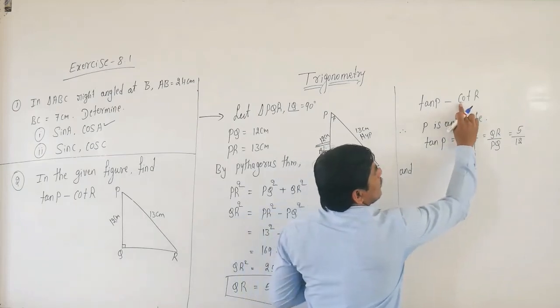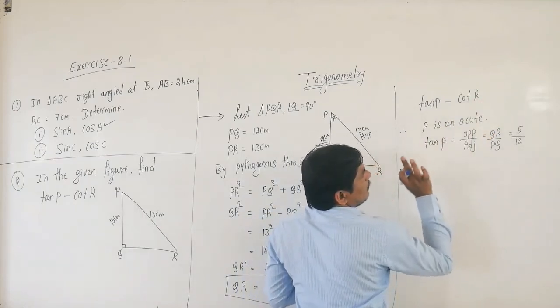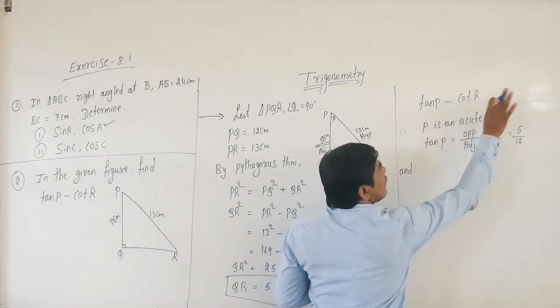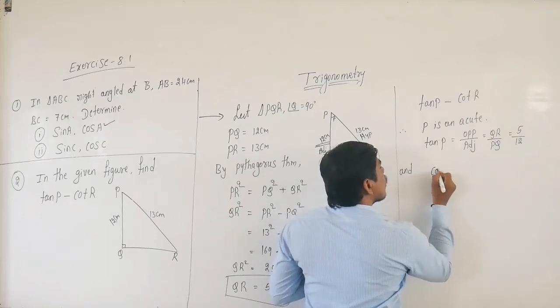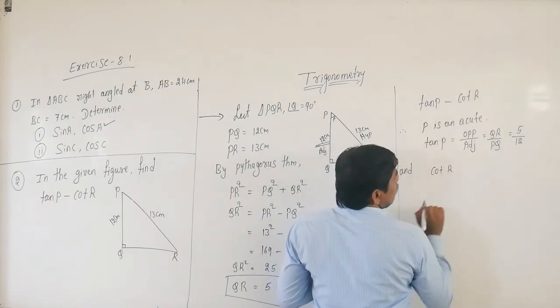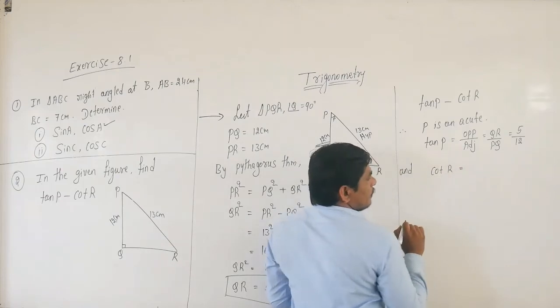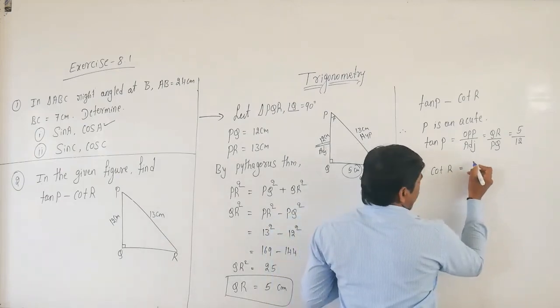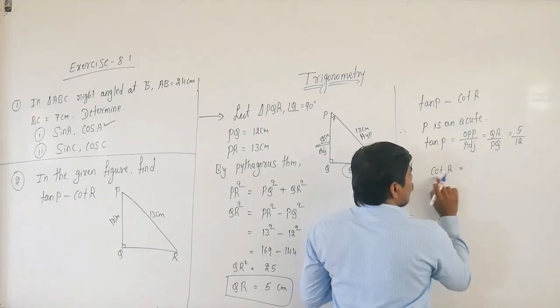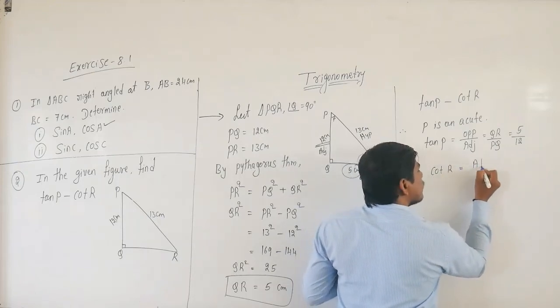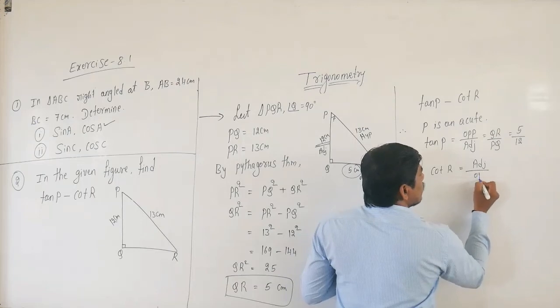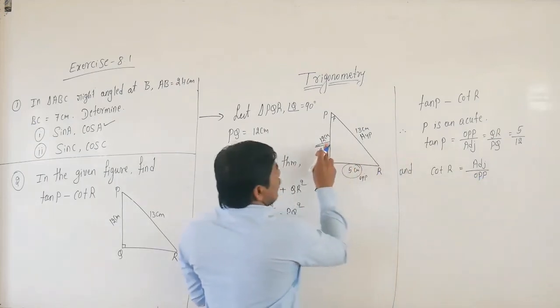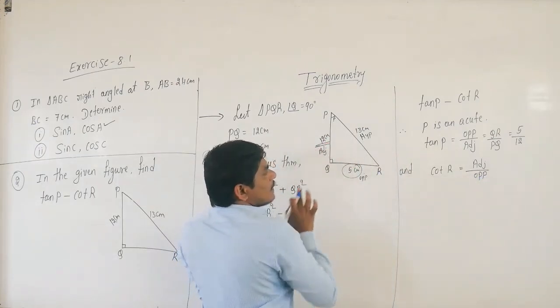But the next question is cot of R. This is very important. On the basis of angle R is an acute. Here cot of R is equal to, the reciprocal form, cot theta, adjacent by opposite. But you don't write directly, you have to change the sides. How?